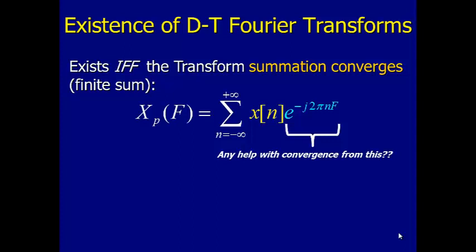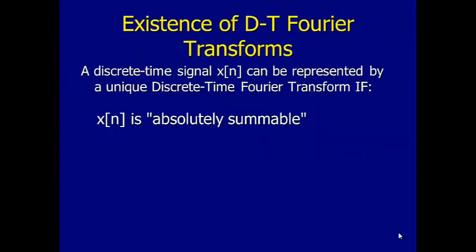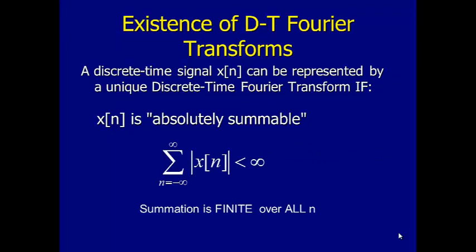So no help. If I want the sum to converge, x of n itself better converge. So we say the discrete-time Fourier transform exists if x of n, the thing I want to transform, is absolutely summable, just like we used to say for h of n being absolutely summable for a stable system.